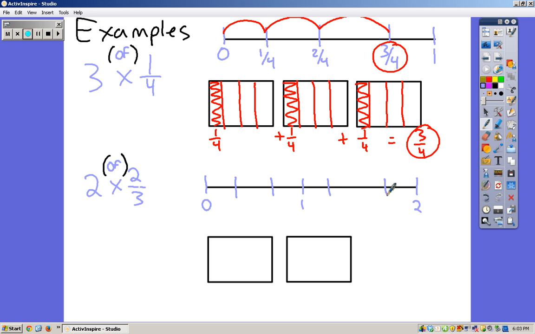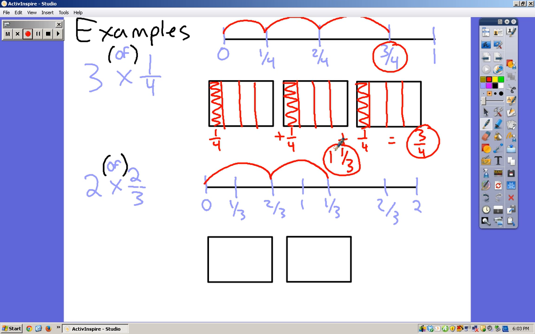So this is 1/3, 2/3, 1/3, 2/3. So it's 2/3 two times. So 2 of 2/3. Here's one representation of 2/3, 2 representations of 2/3. Then we get to 1 and 1/3. So our answer is 1 and 1/3.